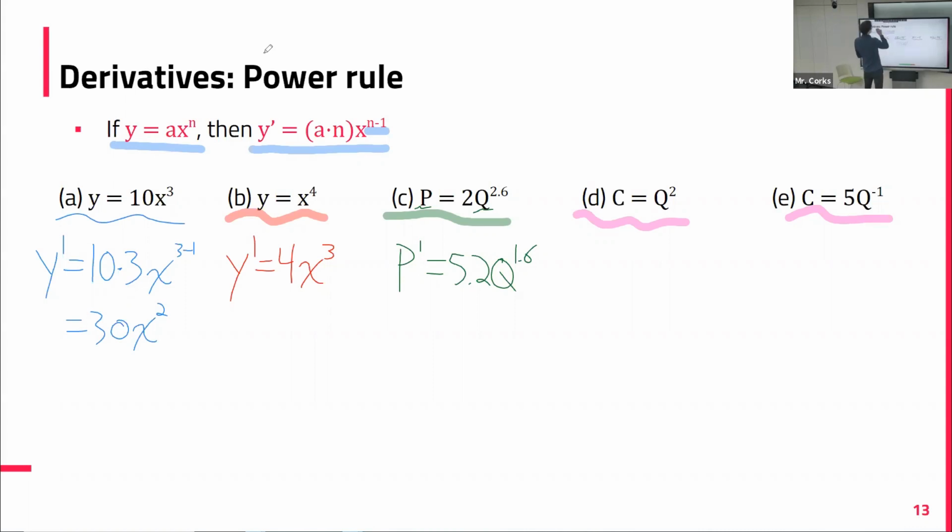All right, looks like people are ready. What is our fourth one here? C prime equals 2Q.